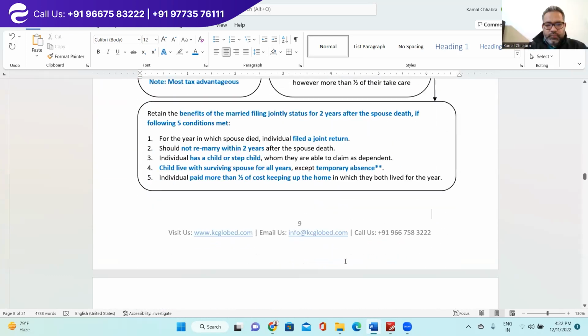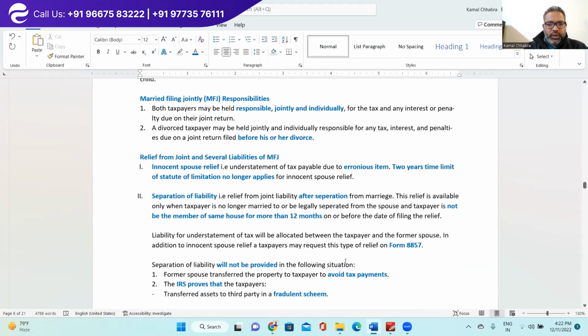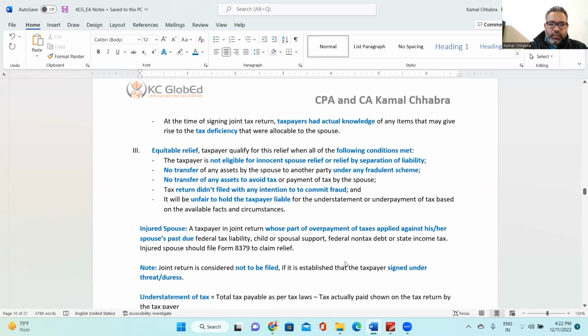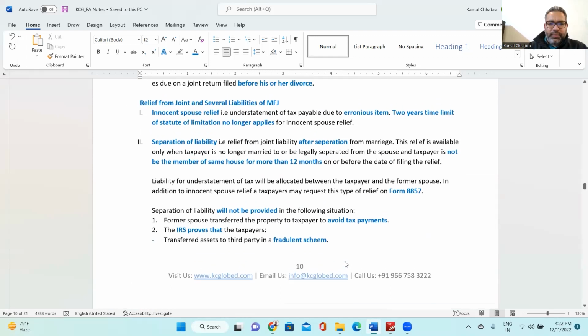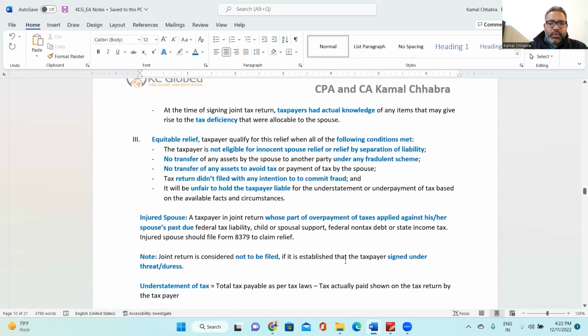Now after this, we covered married filing jointly, their responsibility and liability, and relief from that liability. We covered all 3 categories of relief: innocent spouse relief, separation of liability, and equitable relief.